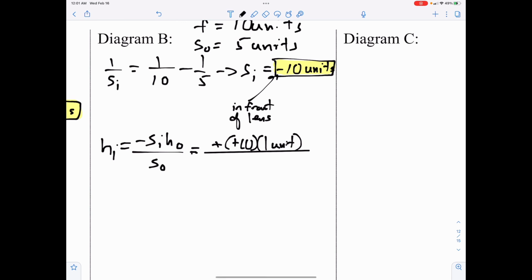Negative, negative cancels. The object distance was 5 units. So we get an image height of 2 units high. Positive 2 units high. Again, positive means it is upright.